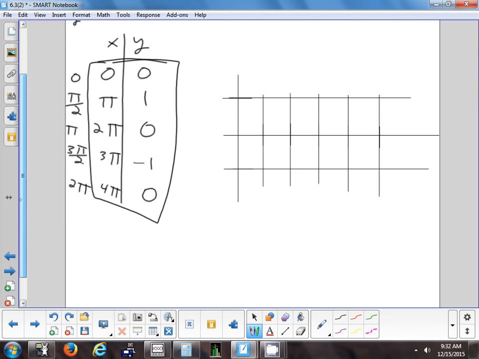All right, what I'm going to do is scale my x-axis using those values. So that's 0, pi, 2 pi, 3 pi, 4 pi. That's x, that's y. For these, the highest is 1, lowest is -1. So we got 0, 1, 0, -1, back to 0.